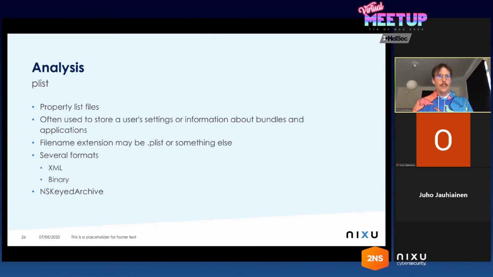And plist, property list, is where the name comes from. You can find them all over the file system. The extension may be plist, or it can be something else. Apple doesn't seem to care. It has a couple of formats: XML, binary, and then this special structure of NSKeyedArchive.